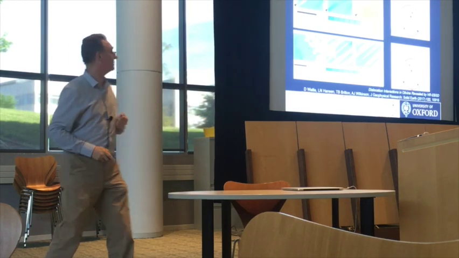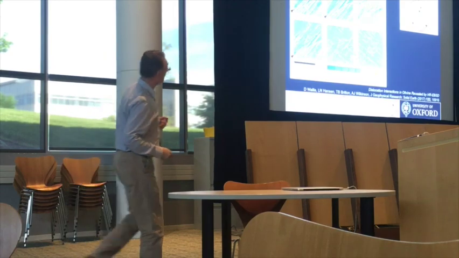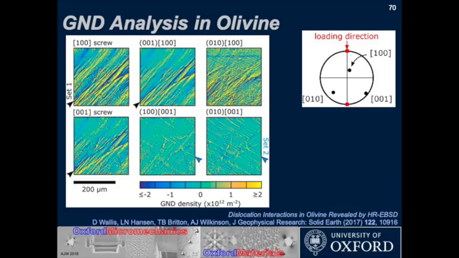If you go through the GND analysis, then you can start looking, this is our first case here, you can see there's one set of dislocations that runs through here, and they're the dominant thing, the higher dislocation density. But hopefully you can also pick out that there's another set with a lower dislocation density, and a rather finer spacing between the features, running this way.